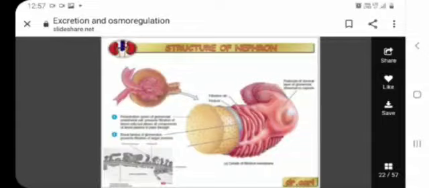See the fenestration or the pores of the glomerular endothelial cell, which prevents the filtration of blood cells but allows the components of blood plasma to pass through. The basement lamina or the basal lamina of glomerulus prevents the filtration of large proteins into it.